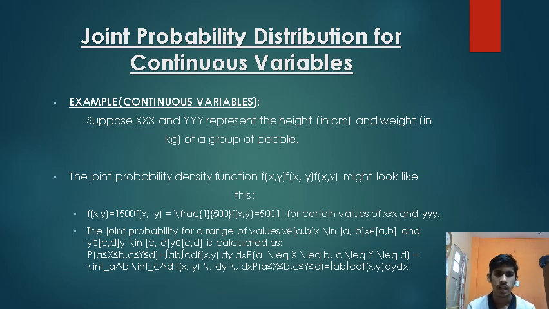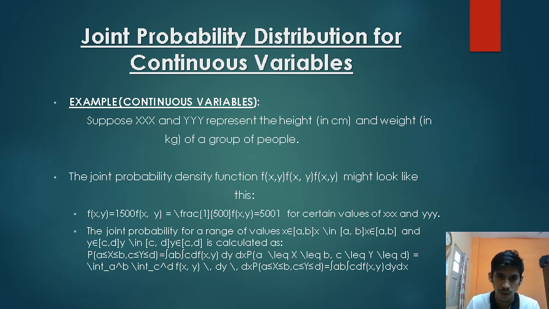Joint probability distribution for continuous variables. Let's define it. Suppose X and Y represent the height in centimeters and weight in kg for a group of people. The joint probability density function f(x, y) might look like this.